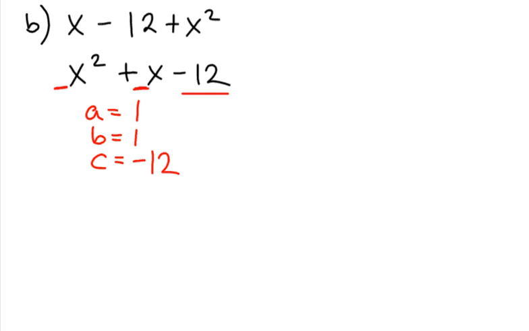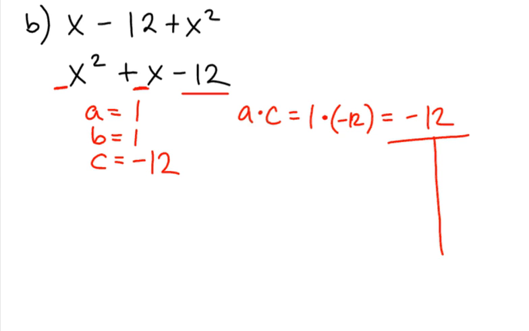So the first step to factoring by the AC method is multiplying A times C, which would be 1 times negative 12, is negative 12. The second step is to factor that negative 12. Now, when you're looking for factors of a negative, let's say 12 is 2 times 6, right? 2 times 6 is positive 12, but to get a negative 12, either the 2 or the 6 can be negative.